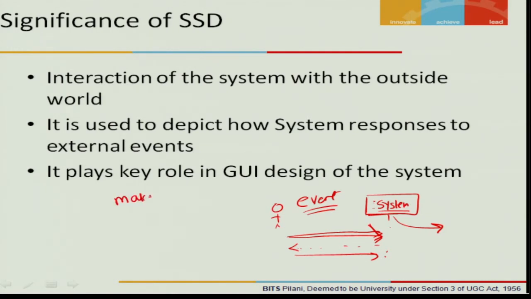Make new sale. That means the cashier is generating some event. That event may be pressing a menu button or maybe pressing some keystroke or something. So some event the cashier is generating, which in turn sends a message make new sale to the system.